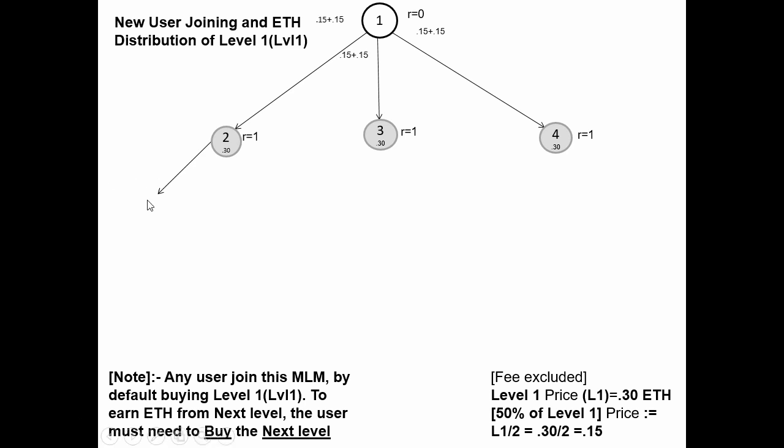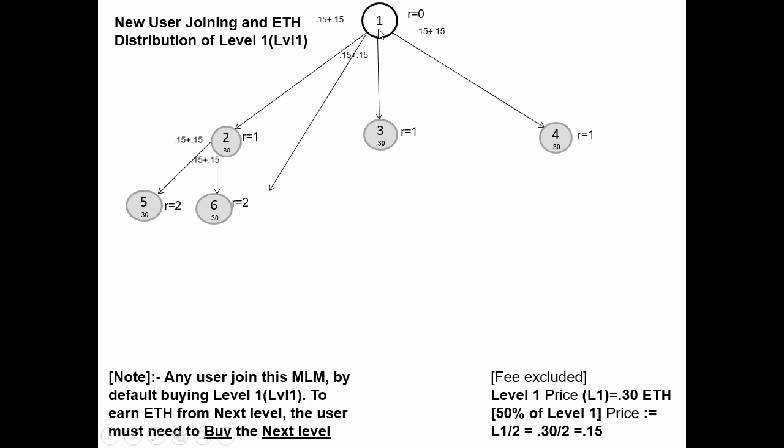Here 5 goes, and R equals 2, which means user 2 is the introducer of this user 5, and 50% of the money will go to this user as the introducer, and the rest of the 50%, 0.15, will go to this one because it is connected directly. In the same way he adds another user, 6, so both amounts go to user 2.